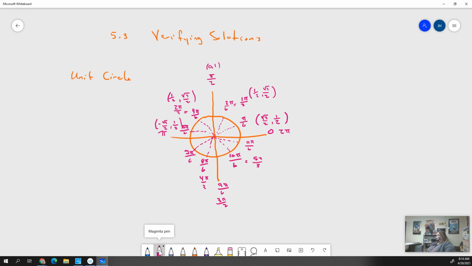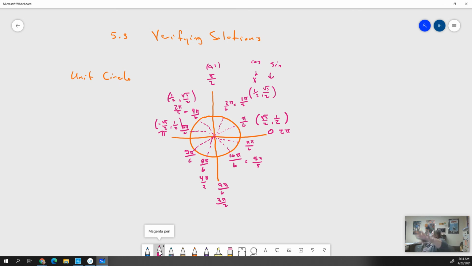Everything on this one, the x's are positive and the y's are negative, but those values that we attribute to them stay the same, right? If you look at these signs, if you remember, our x values are cosine, right? And our y values are sine. And I know this is all just review, but it's been a while since we looked at it, right?